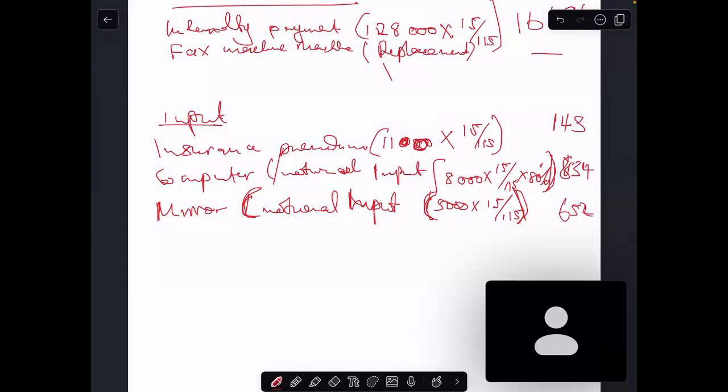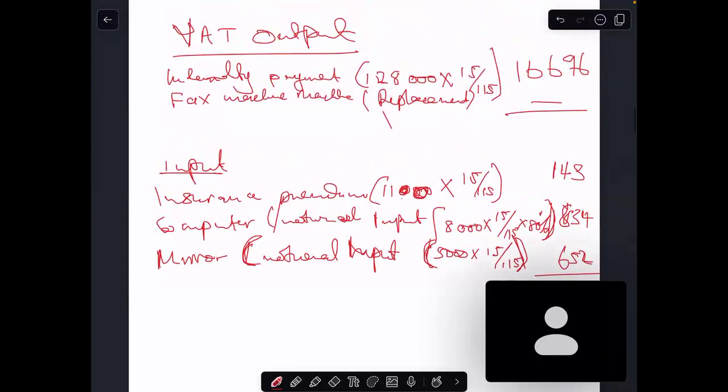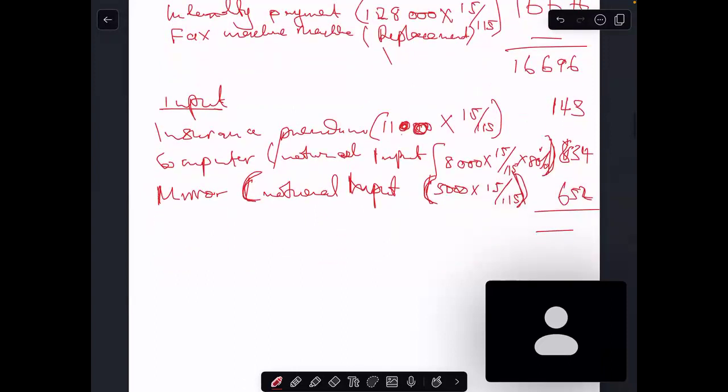So now what you do, you add your top part and your bottom part, right? How much do we have here? We have 16,696. Then here, how much do we have? 143 plus 834 plus 652.